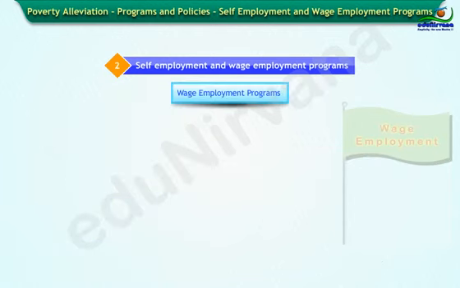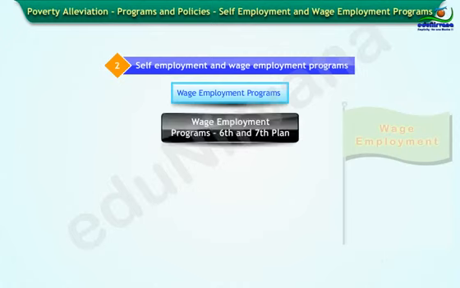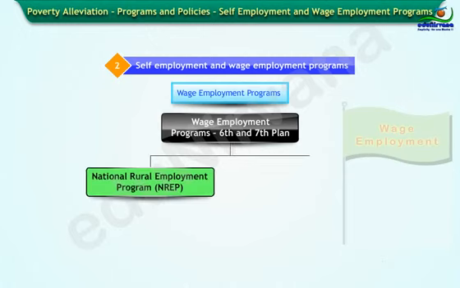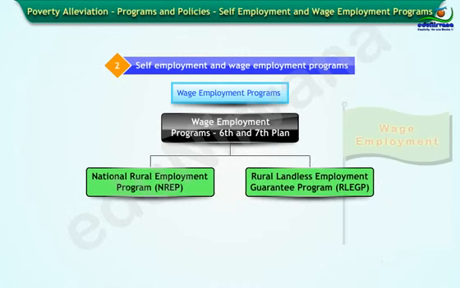Wage employment programs. Now, let's look at the wage employment programs. These were first started during the 6th and 7th plan in the form of National Rural Employment Program (NREP) and Rural Landless Employment Guarantee Program (RLEGP).